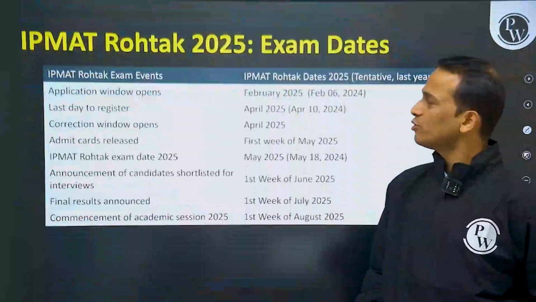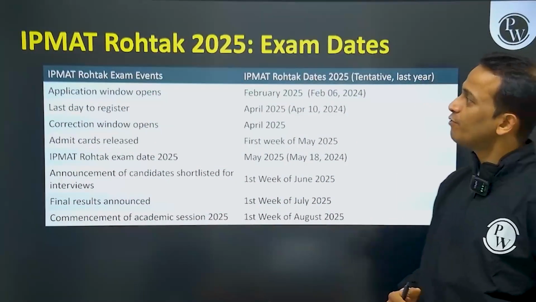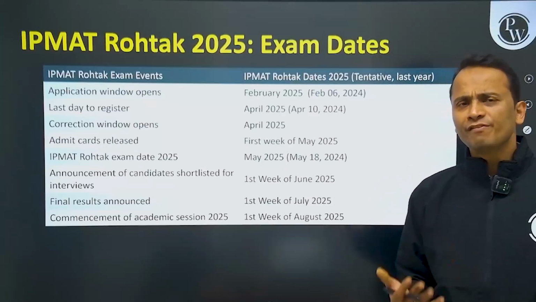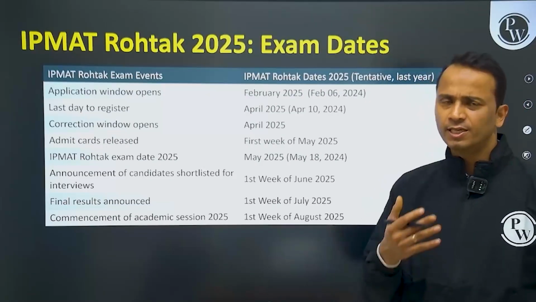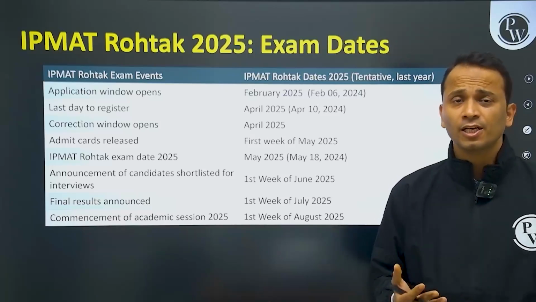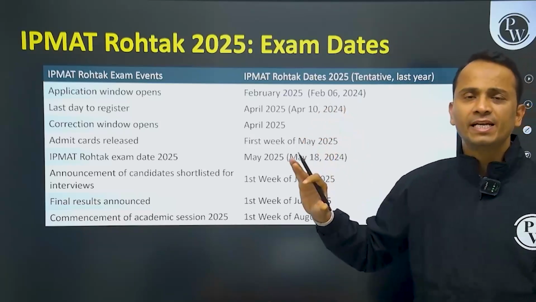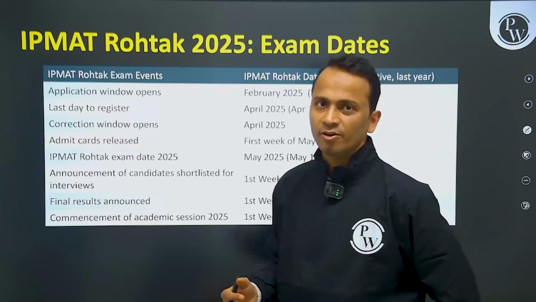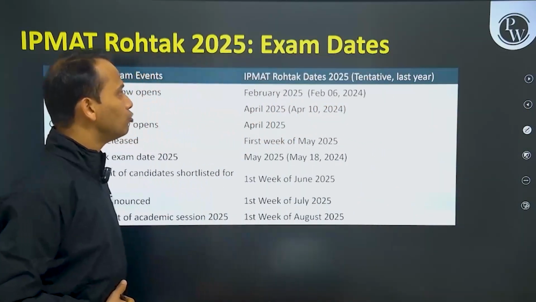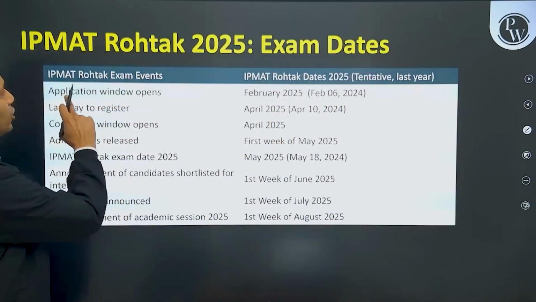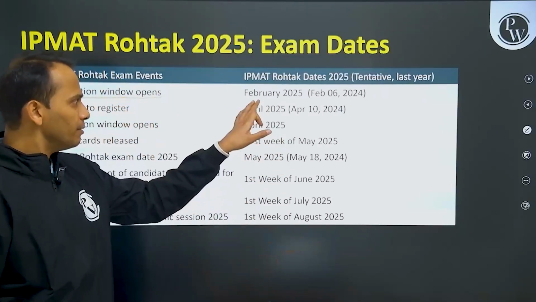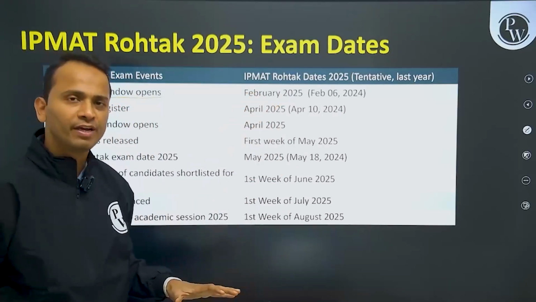Now friends, first of all, the most important dates for IPMAT Rohtak 2025. Since the notification is not out yet and the registration hasn't started, all these dates will be tentative, and I have also mentioned the dates of the previous year. The application window will tentatively open in February 2025.